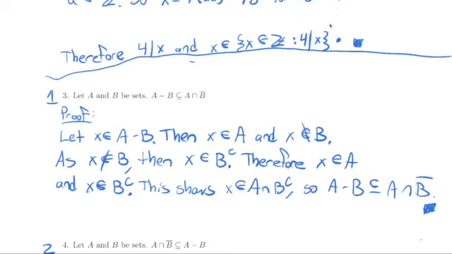Before you say "this shows," if you wrap around and say this shows that since X is an element of A minus B and X is an element of A and B complement, therefore A minus B is a subset of A and B complement, can you do that, or is it better just to refer to what you previously worked on? Does that make sense? So you're saying after we said this, to say what?